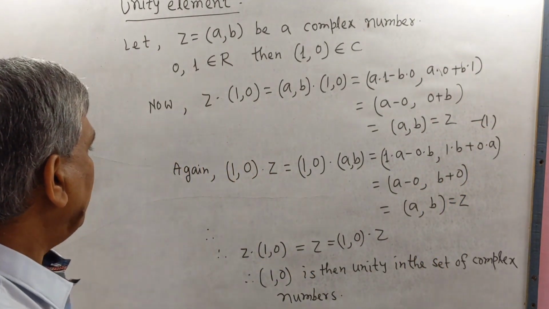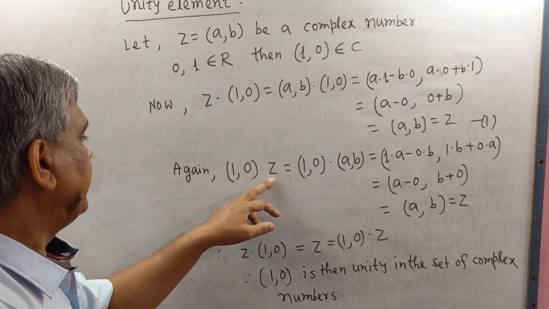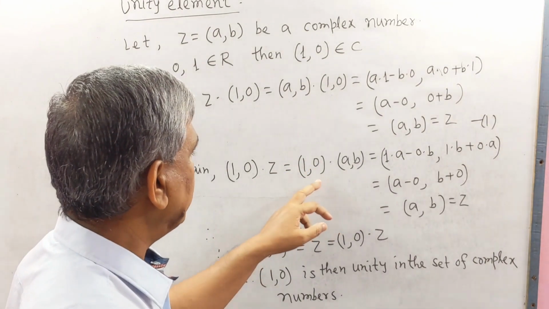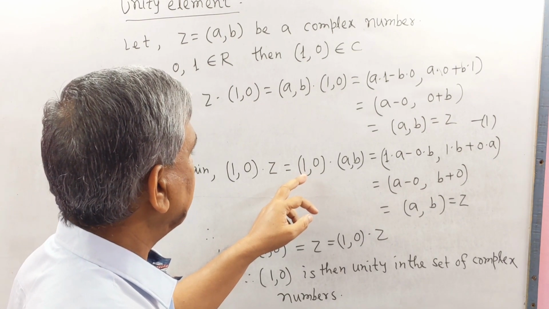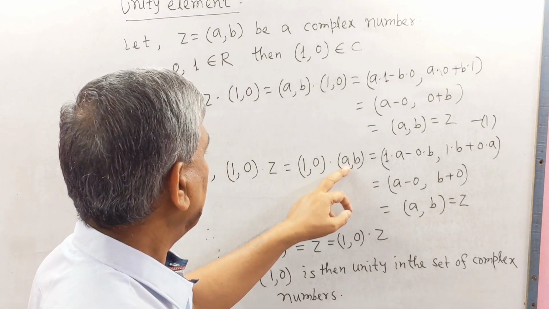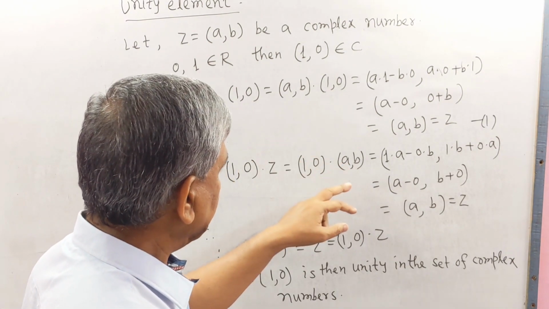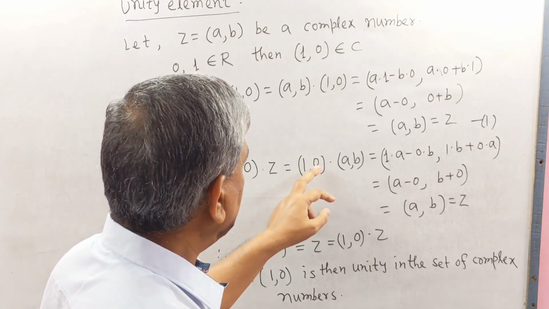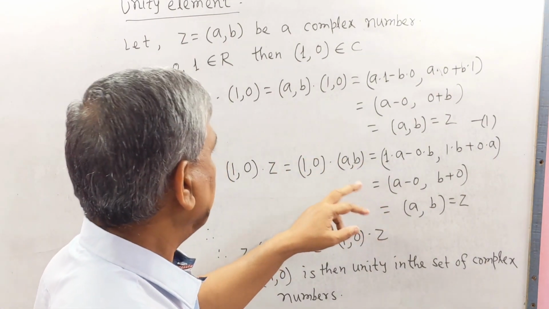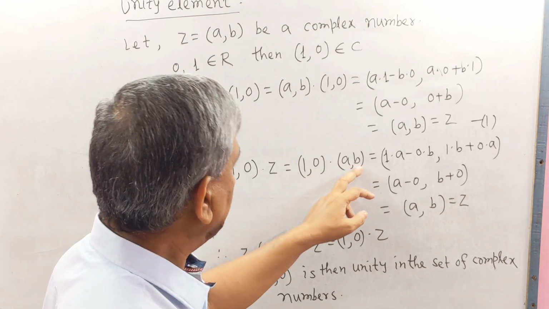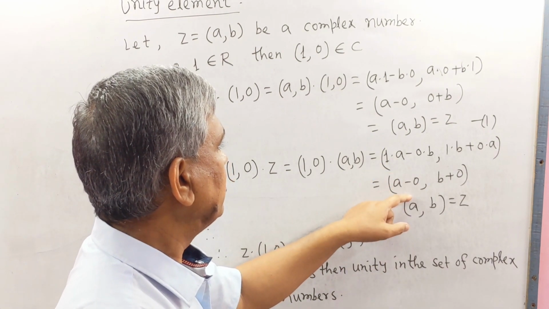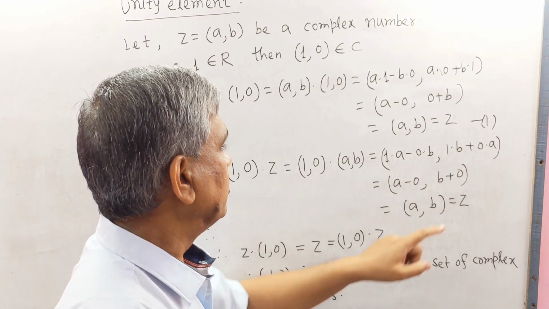Now 1 0 multiply Z. Z is the ordered pair AB. Multiplication of two ordered pairs: first we write AC, 1 into A, minus 0 into B, comma, 1 into B plus 0 into A. This is A minus 0, this is B plus 0.